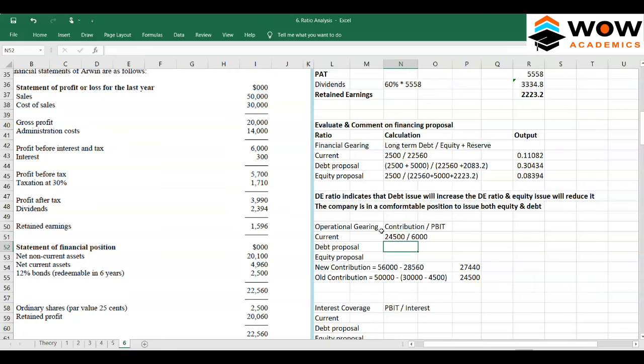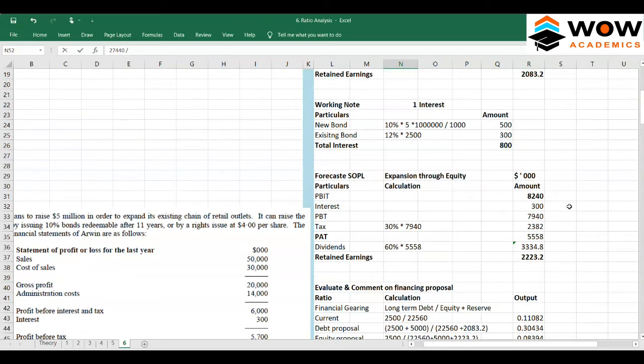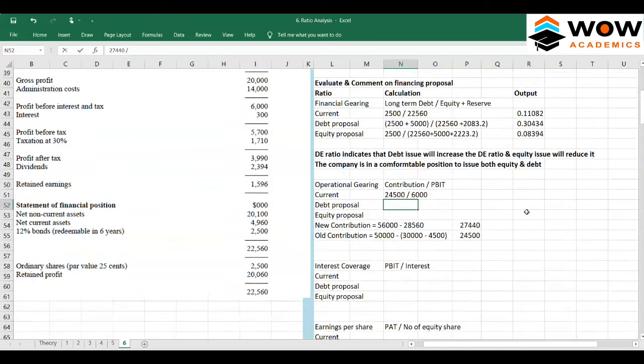Whether we are going to go for debt issue or equity issue, it's going to be the same. So it's going to be 27,440 divided by PBIT. So PBIT is actually the same number. It is 8240.